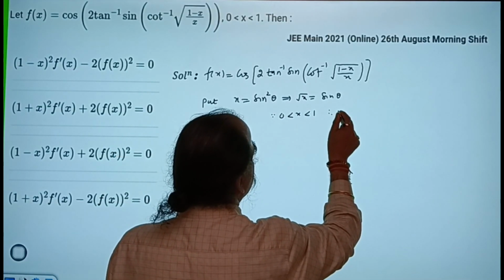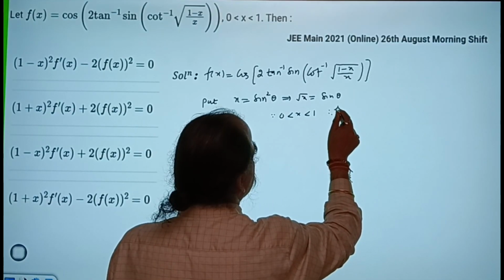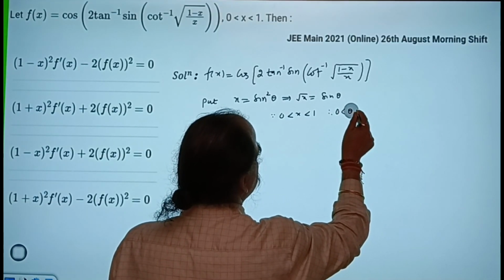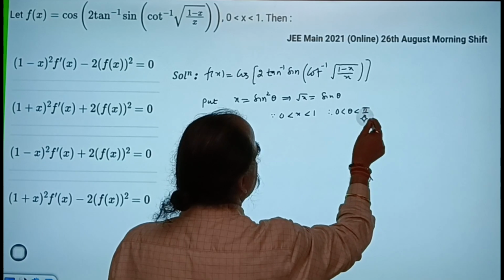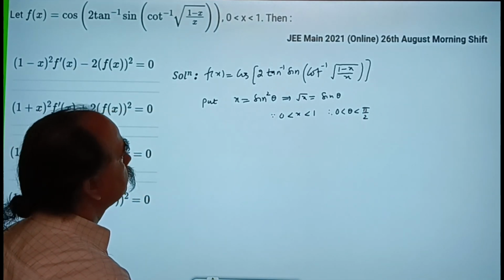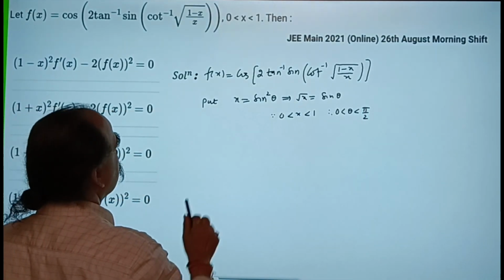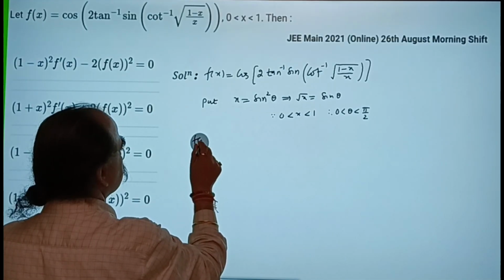therefore 0 less than theta less than pi by 2. So f(x) will become what?